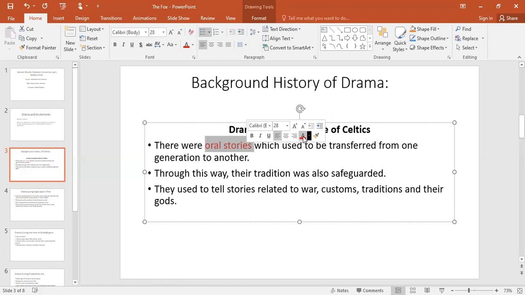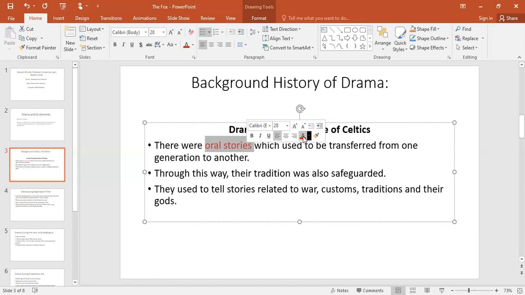Now why did they tell oral stories? In order to safeguard their traditions and culture as well. To save the tradition, they were required to tell the new generation about their own tradition: what kind of tradition they have, how to follow it, and what the traditional rules are.